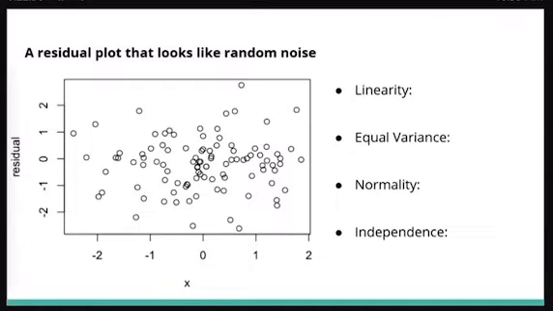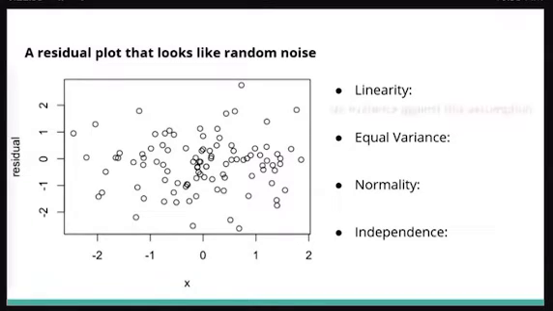We don't use a residual plot to investigate normality; we're going to use a different plot for that. Does that make sense? We also don't use it to investigate independence.